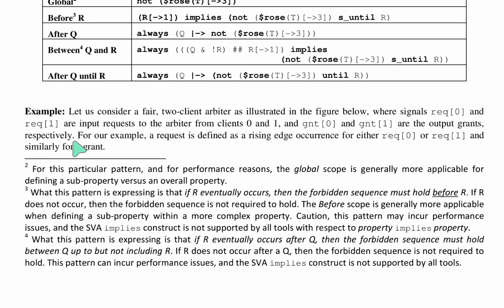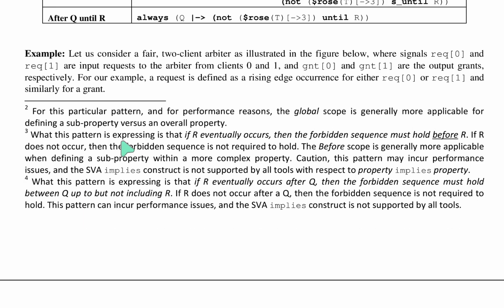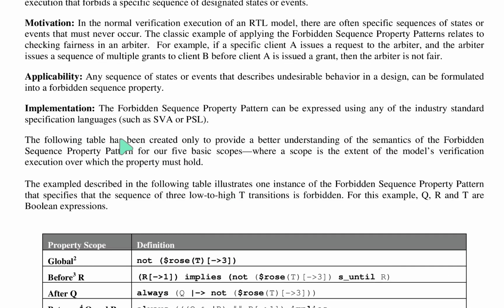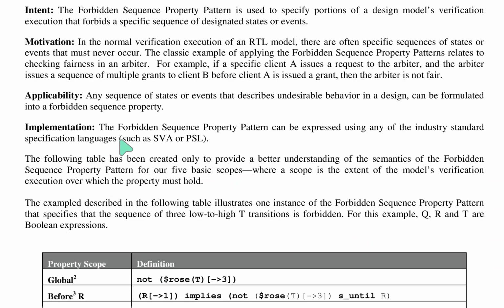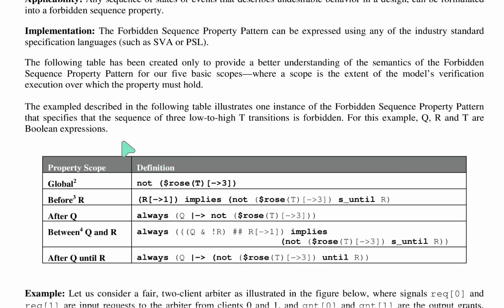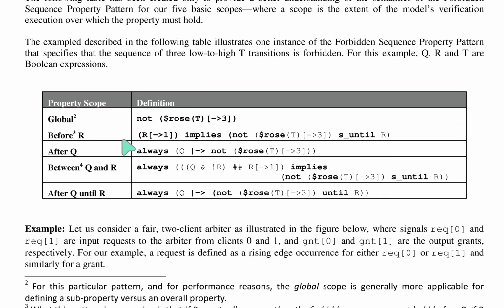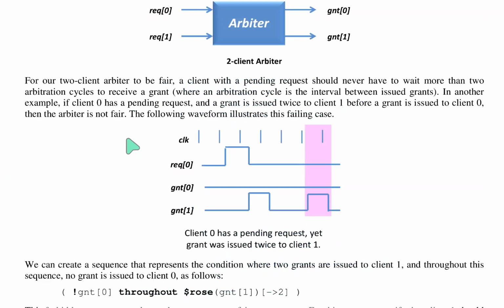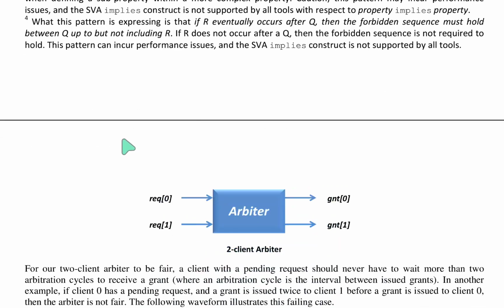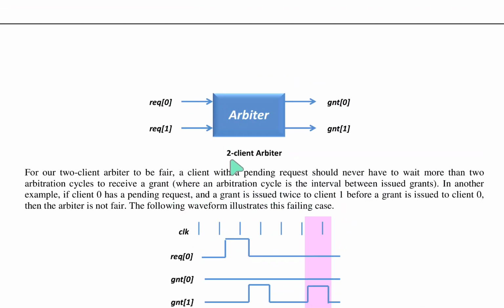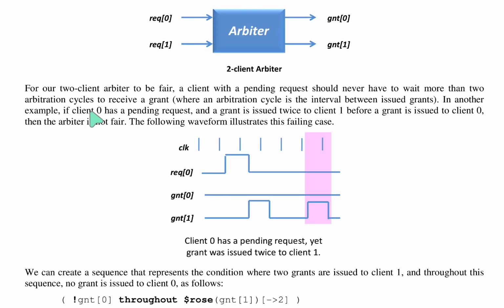For our example, a request is defined as a rising edge occurrence for either request 0 or request 1, and similarly for a grant. This is the 2-client arbiter.